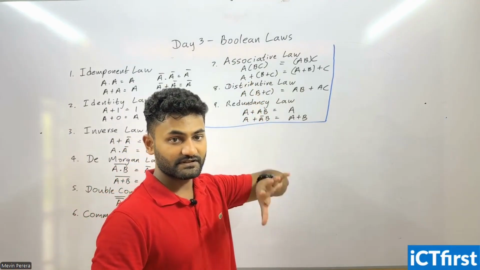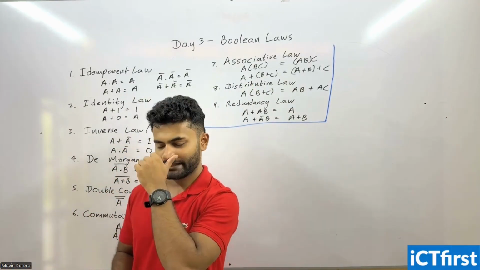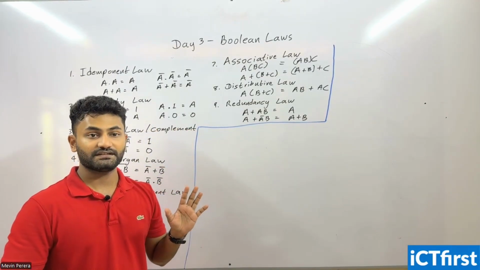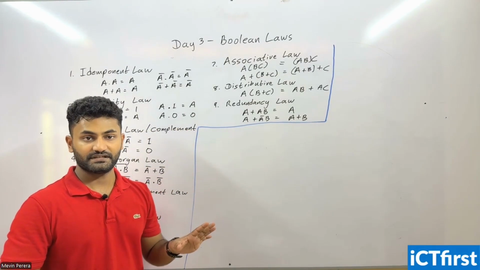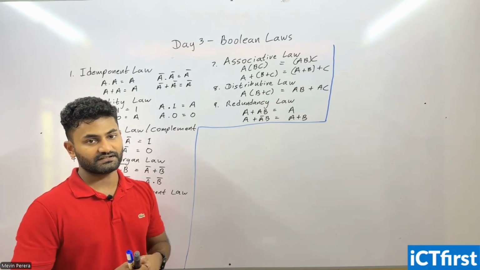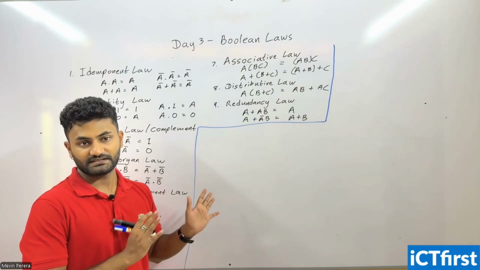You all have to remember the names of the laws because it carries 1 to 2 marks. It depends on the number of laws which are there in the question. If many laws are used, it gets 2 marks. If it's just a few, that also gets 1 mark.